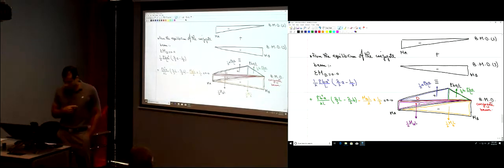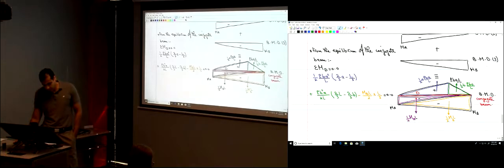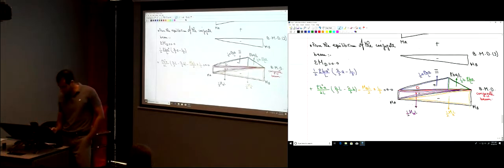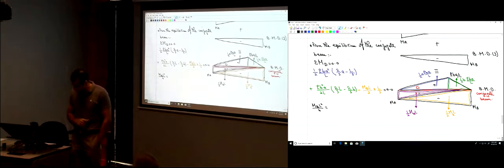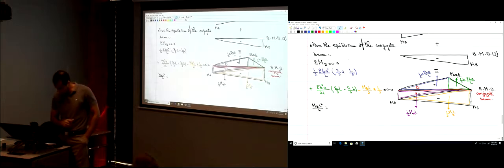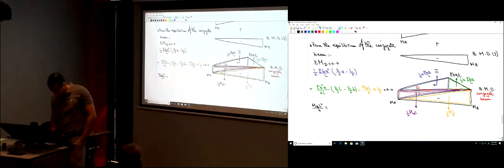Okay? So let's do some manipulations here. Let's move MB L squared divided by 6 to one side of the equation, okay? And then here we're going to multiply this by this term and this by this term. So we're going to have P B A cubed divided by 3L.